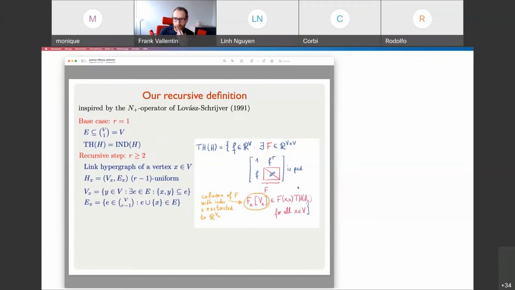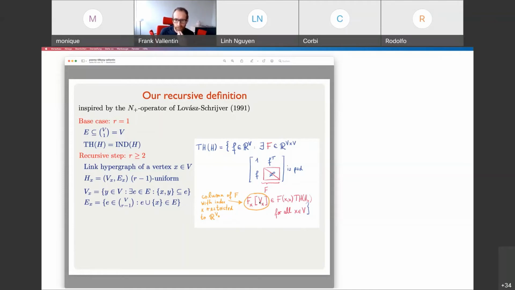But now we do something new, something different. We give some constraints on this matrix F. For every x in V, we take a look at the construction F_x of V_x.